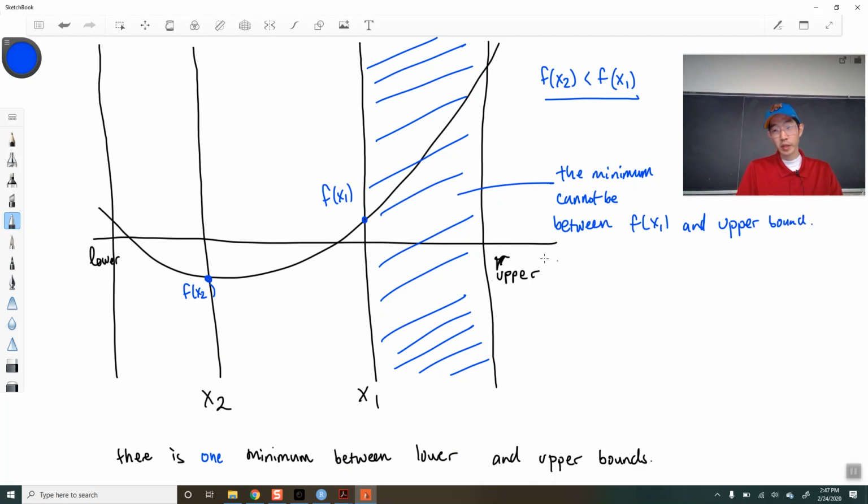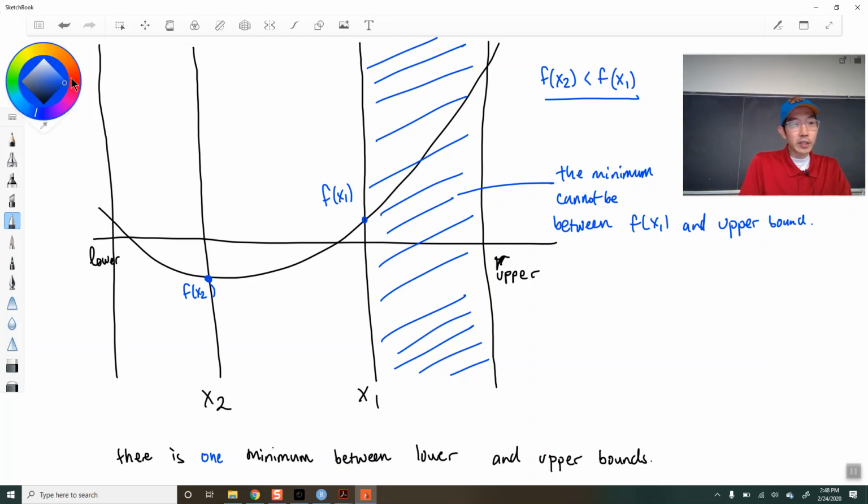Because we know that there's a value between x1 and the lower bound that's lower than f of x1, which is f of x2. So we know that the minimum has to be on this side. It can't be over here because we already know there's a value over here that's lower. So we can completely eliminate this, and I can throw this side away.